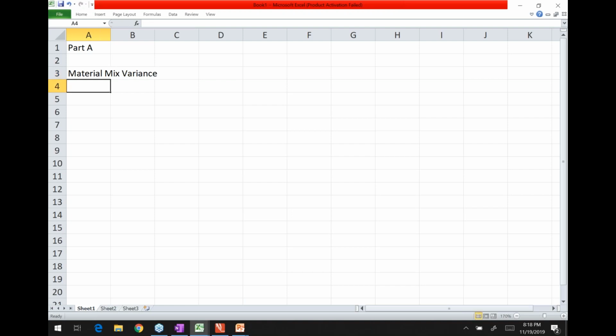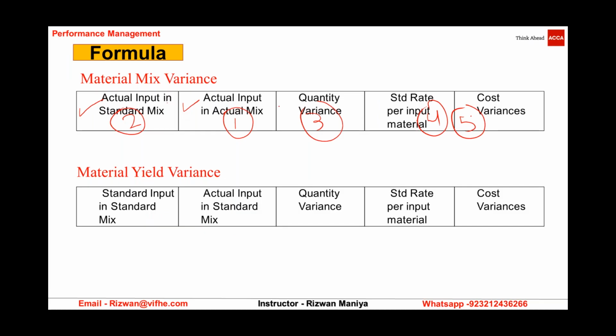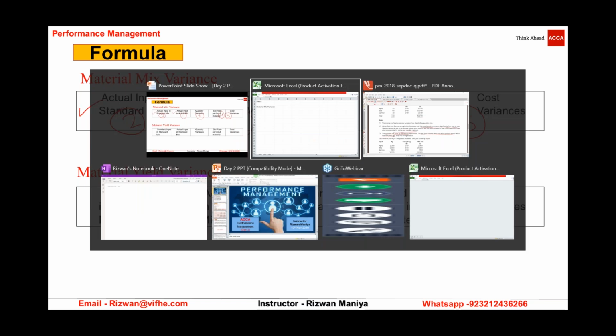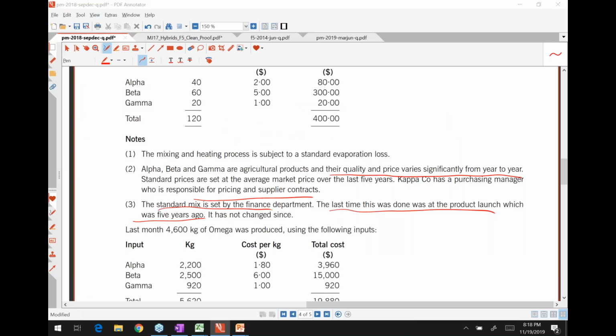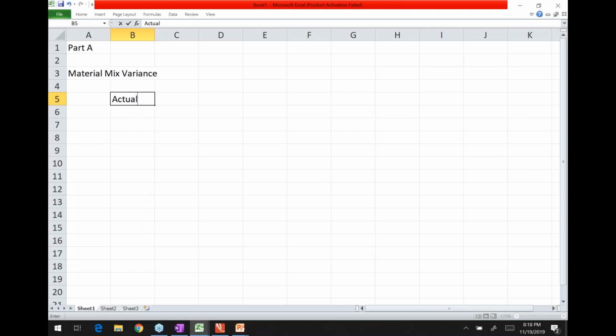I am emphasizing that your examiner constantly complains that students just perform the calculations using calculators, which is wrong. So don't perform calculations using the calculators.